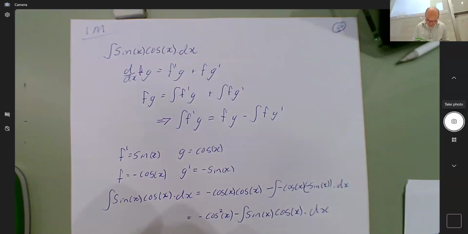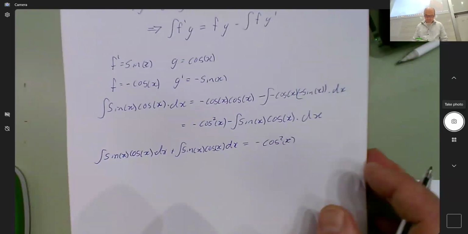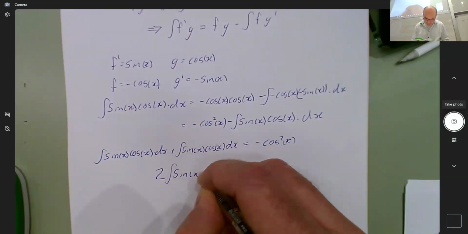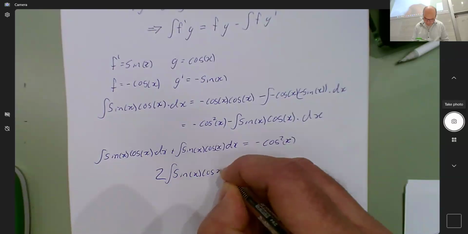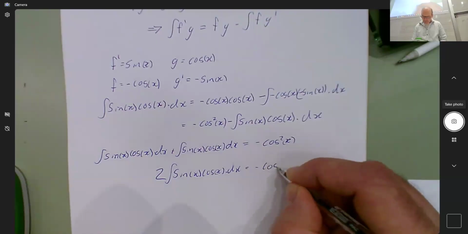Integral sine of x cos of x dx plus integral sine of x cos of x dx is equal to minus cosine squared x. Well, that's funky and fun. But there is two of these. Two integral sine of x cos of x dx is equal to minus cosine squared of x.